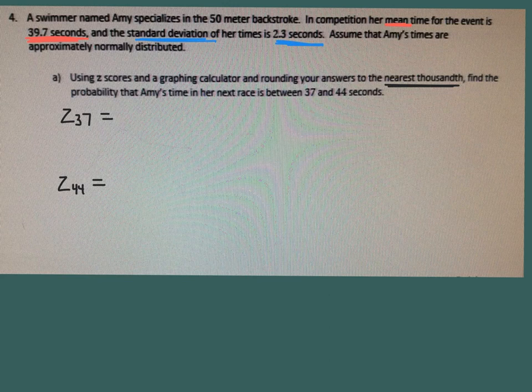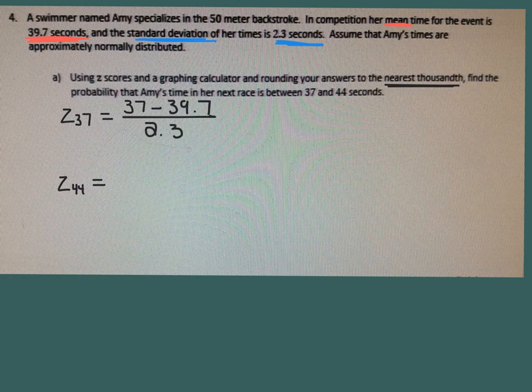Let's start with z sub 37. We do value, which in this case is 37, minus the mean, which is 39.7 seconds, divided by the standard deviation, which is 2.3.